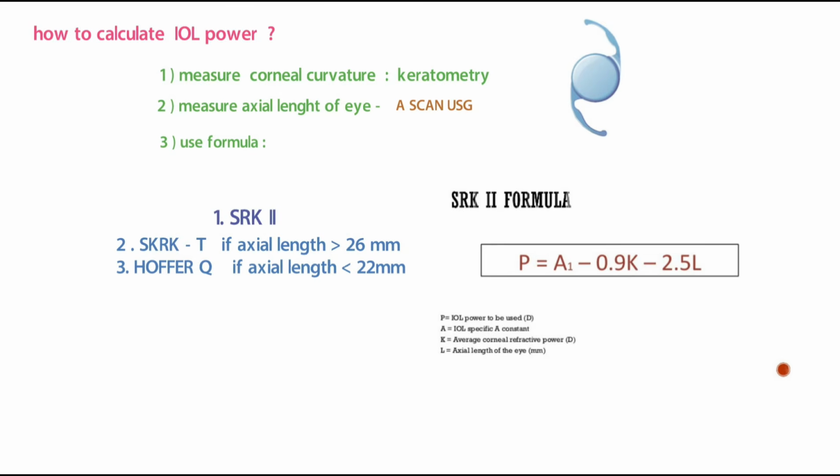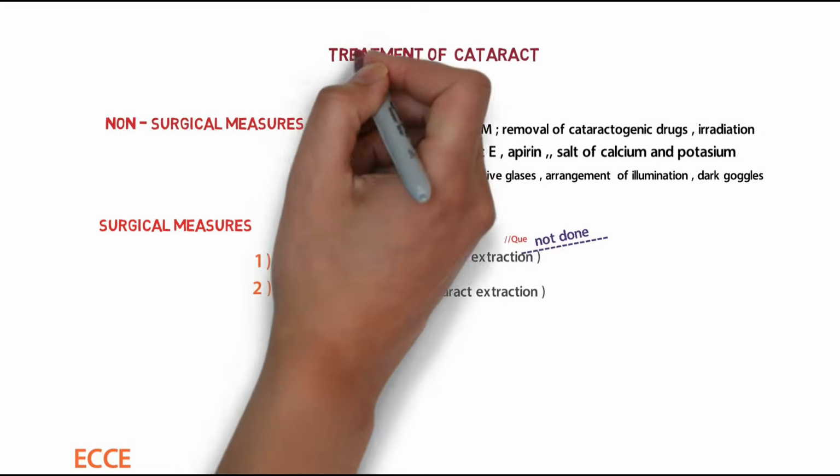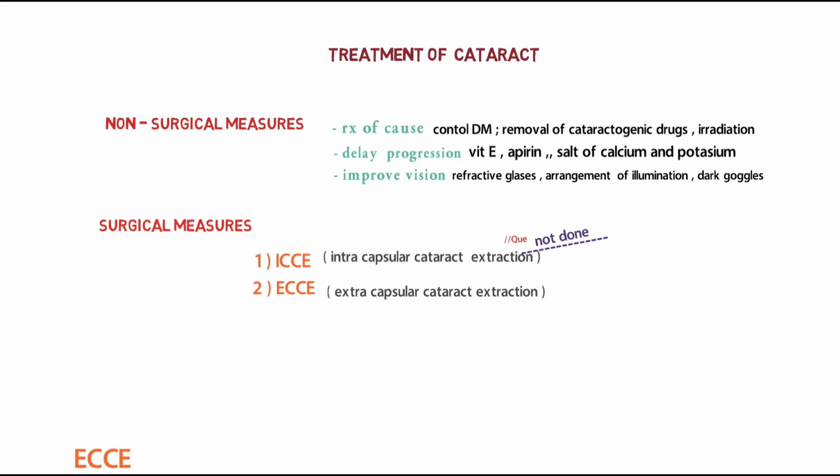So this is all about the management of cataracts in adults, and in this lecture we focused on all the important points of this topic. So do a quick revision. First we talked about the non-surgical measures. After that, in surgical measures we have two methods, that is ICCE and ECCE.